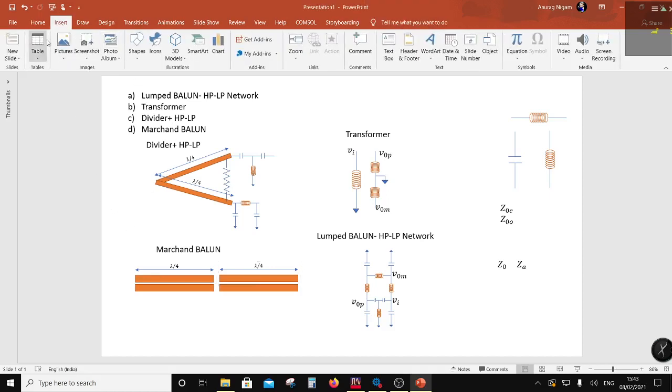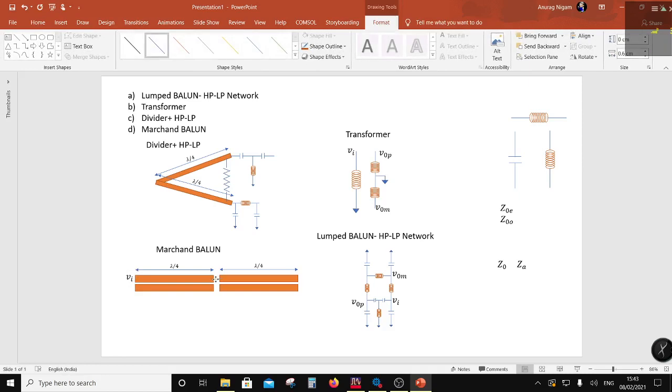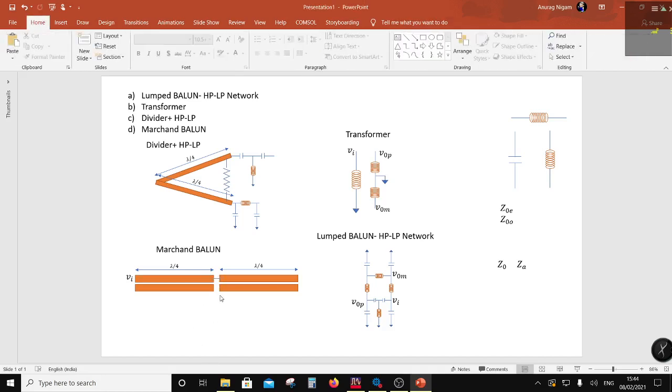So what you do is you put your Vi on this port, and this is open circuited, and this is just connected over here like this. Okay, and your output is over here.